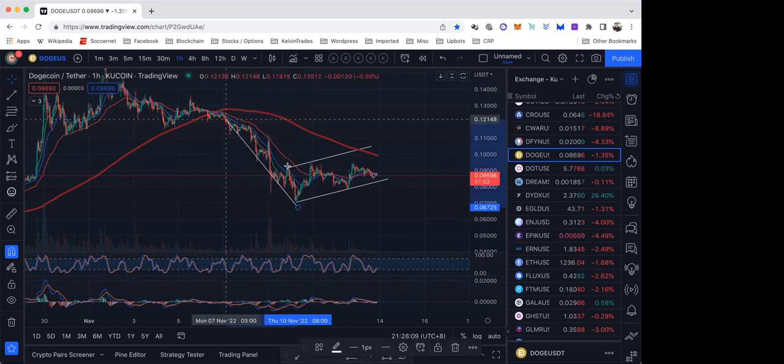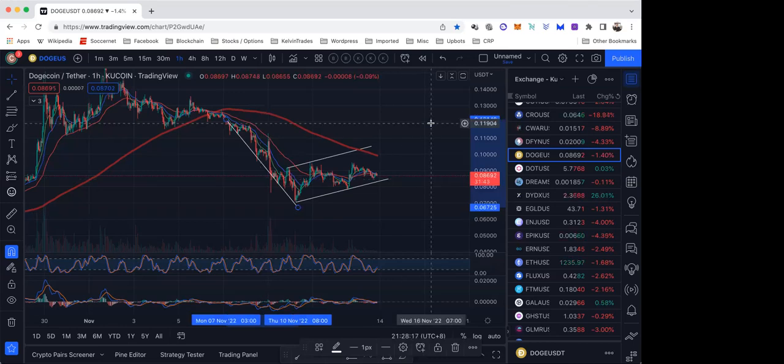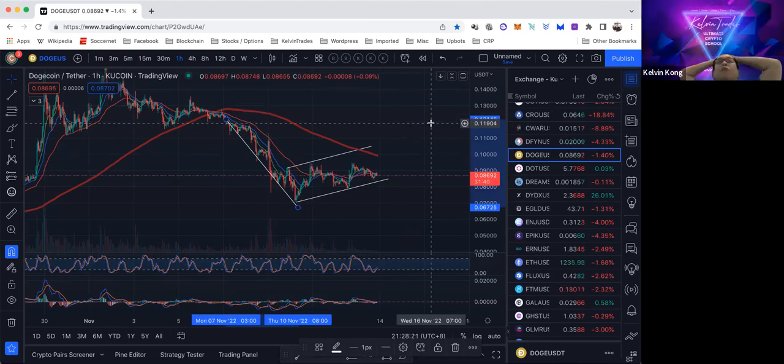Okay, so this is a flag. So bear flag means what? Most likely what will happen, guys? Go down. Only Susu knows, the rest all don't know. So bear flag, obviously, most likely you go down, on a 1 hour chart.